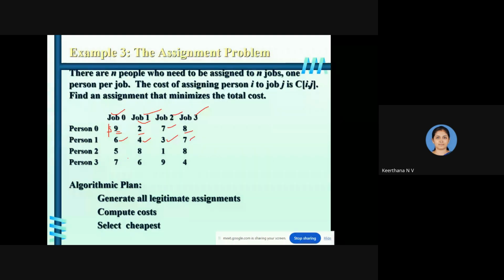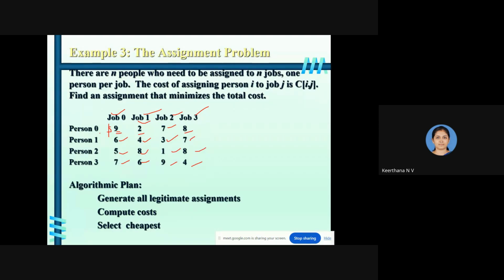The same thing for person 2: 5, 8, 1, 8. Again for person 3: 7, 6, 9 and 4. So how the algorithm works is that you have to perform the possible combinations of assignments you can take, and secondly, you have to compute the cost of each and every job for each and every person.